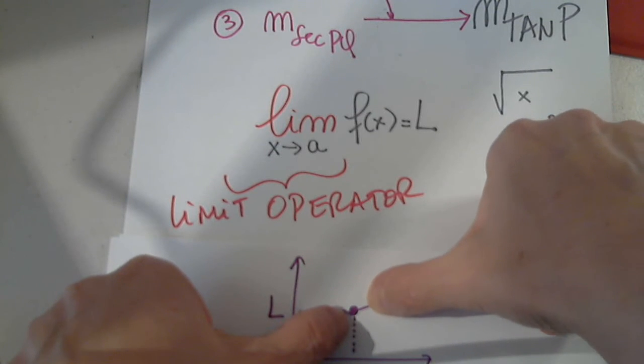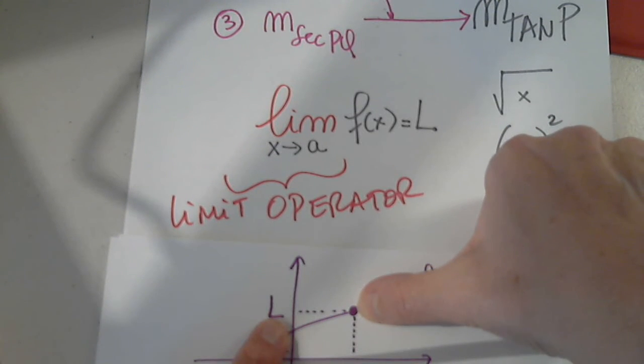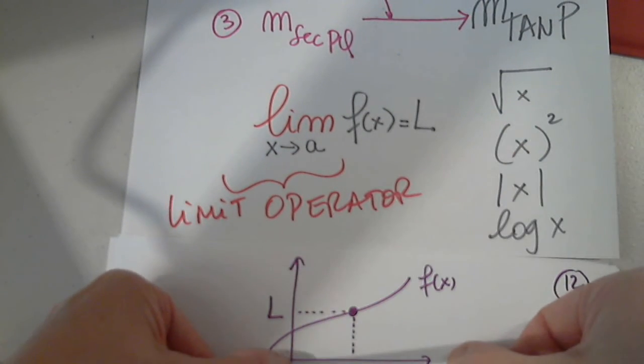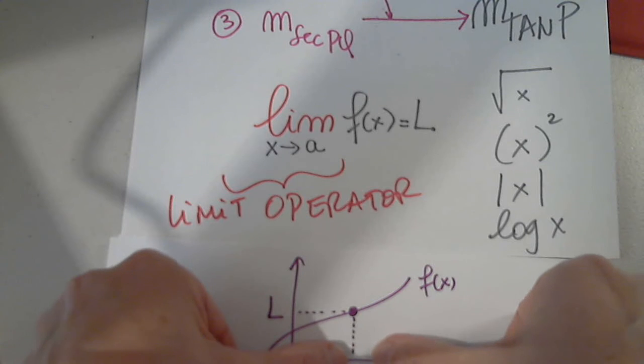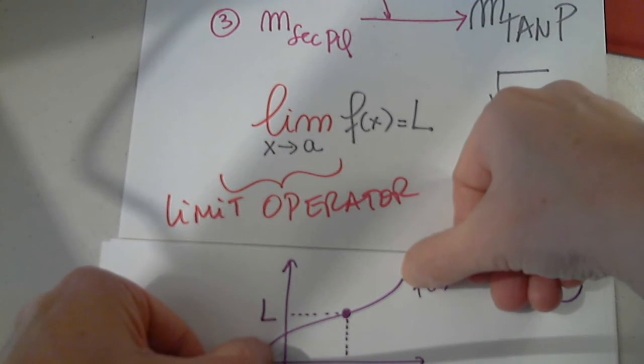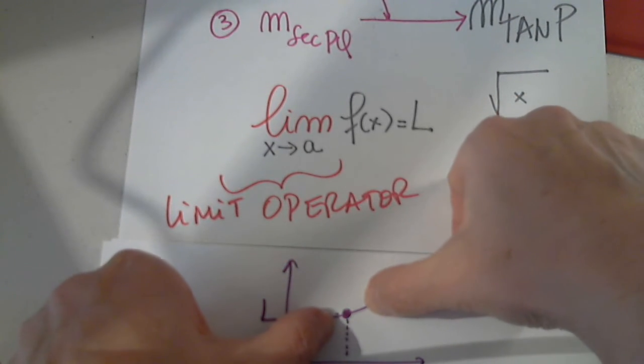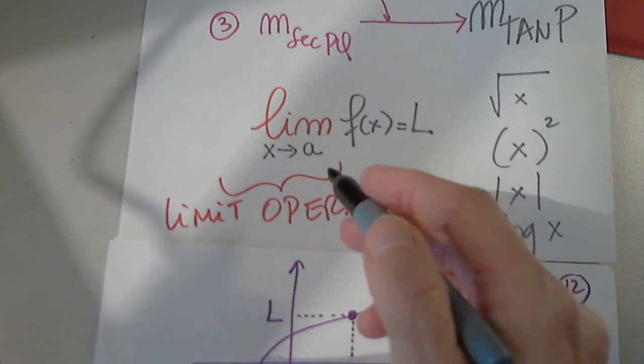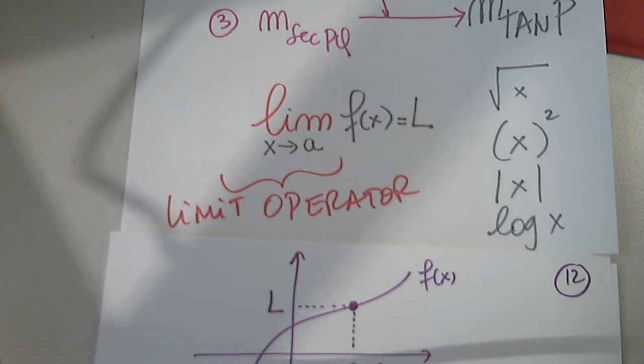The function values from either side approach L. That's the value, the height. So as x approaches a from either side, the function values get closer and closer to L. So this is the limit of f of x as x approaches a from either side is L.